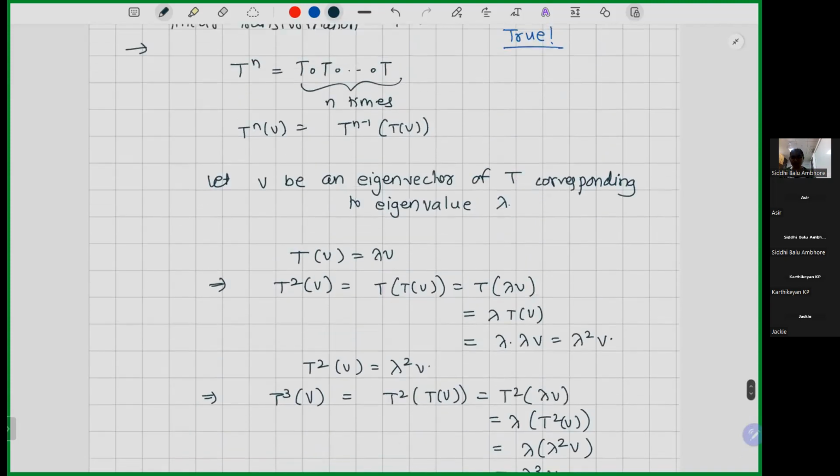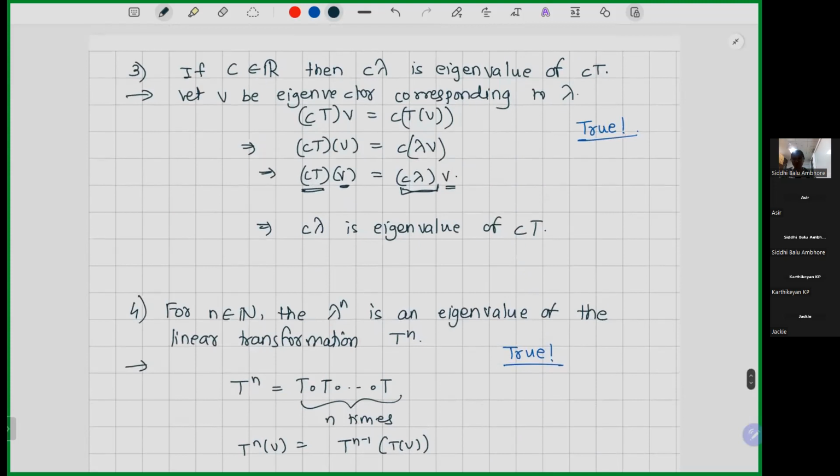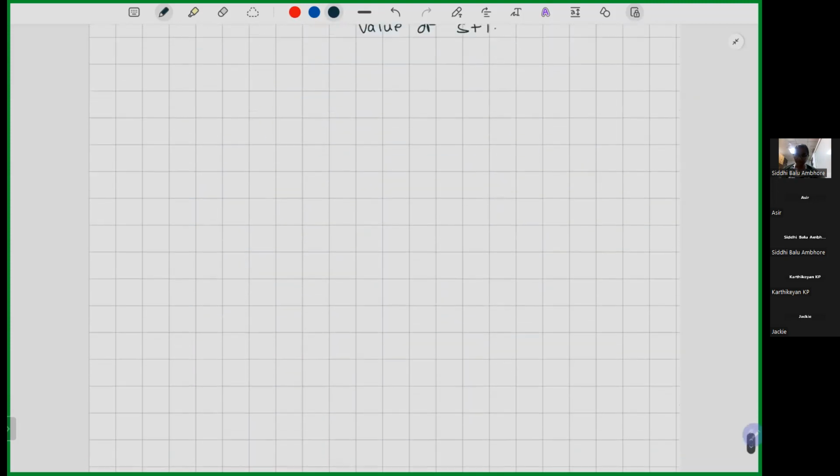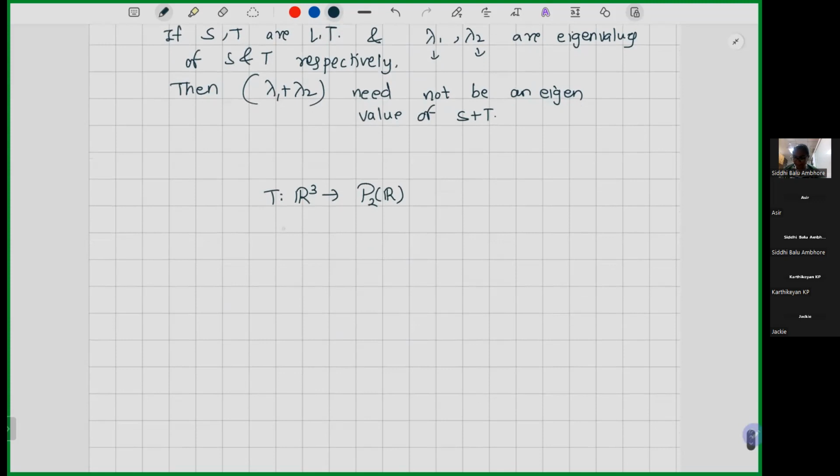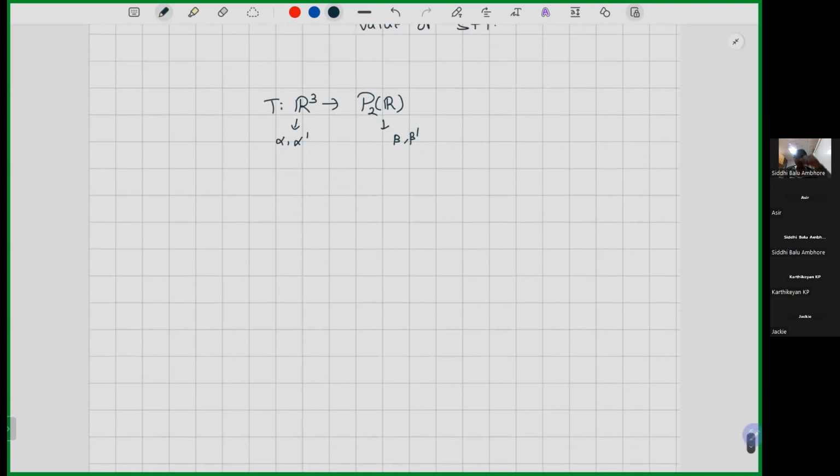It's just a linear transformation from R3 to P2 of R, with ordered bases alpha and alpha dash for R3, and beta and beta dash for P2 of R. We have to find the coordinate matrix where T alpha beta is equal to A.